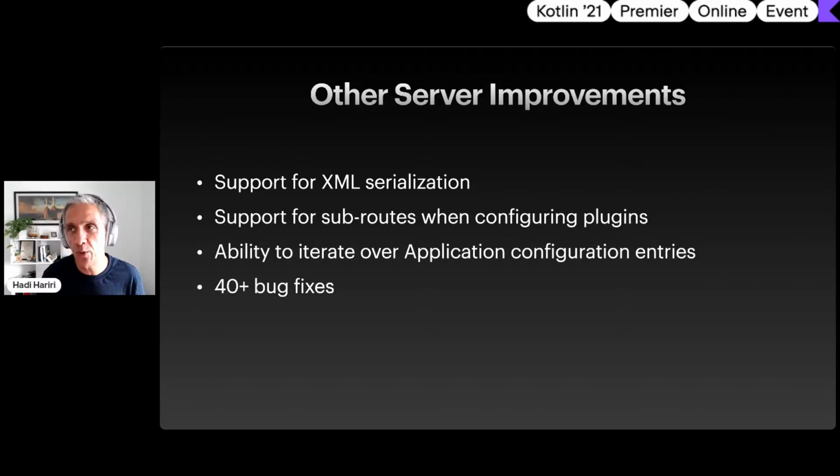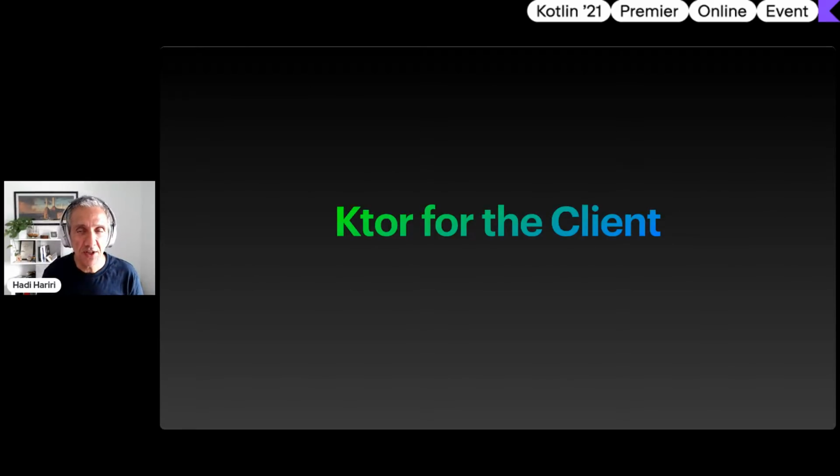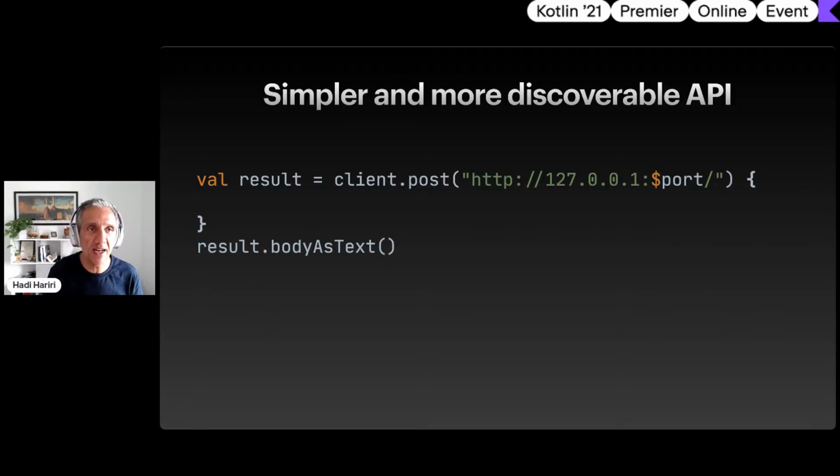Now let's take a quick look at what things are available for the client. In regards to the client, again, we've tried to strive for simplicity, and we've created a simpler and more discoverable API. So now, for instance, if I want to do a client request with a post, I just do client post, and in the body, write whatever I want, and then the result, I always get back the same thing.